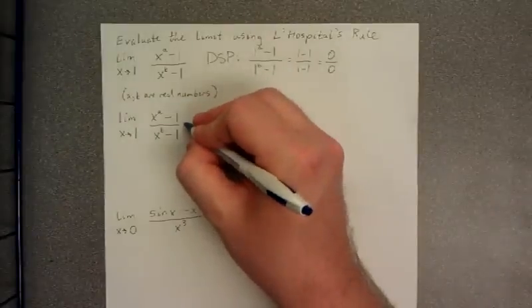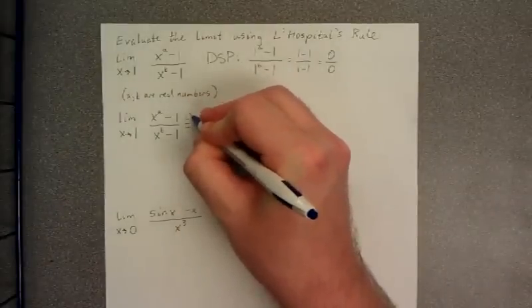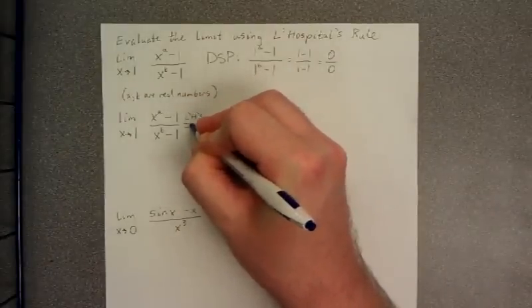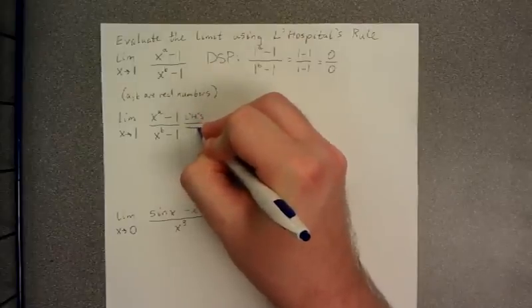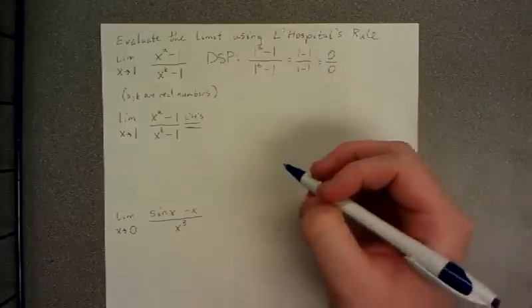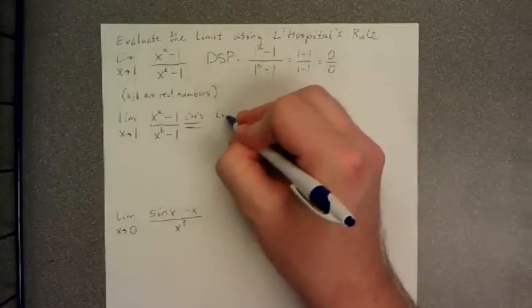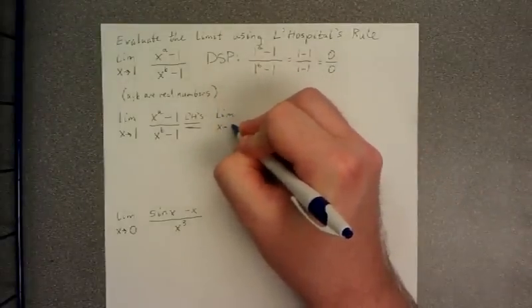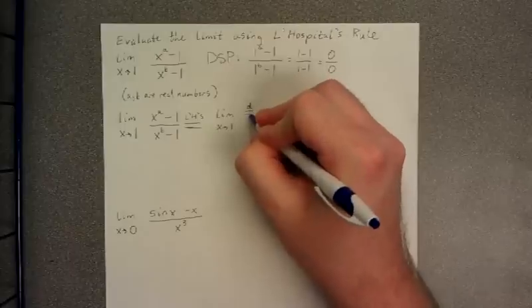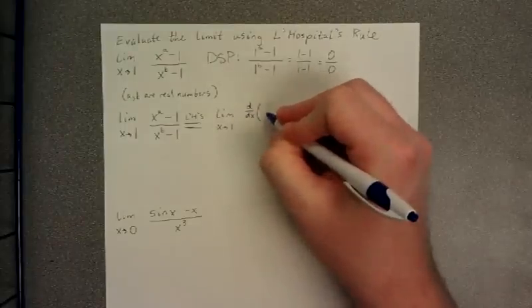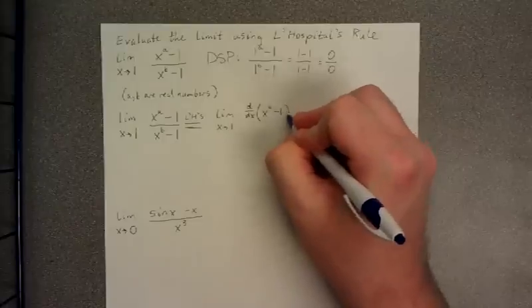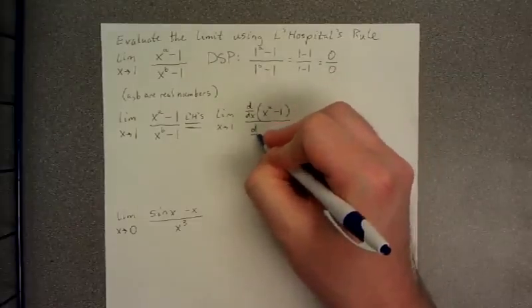Anytime I apply L'Hopital's rule, I like to write down L apostrophe H apostrophe S for L'Hopital's. This would be equal to the limit as x approaches 1 of the derivative with respect to x of the numerator over the derivative with respect to x of the denominator.